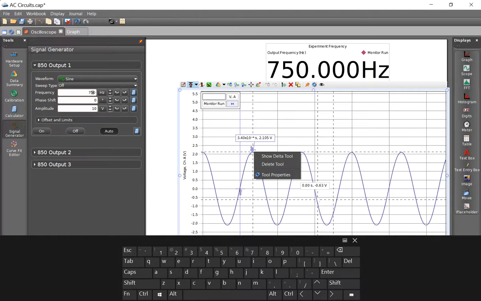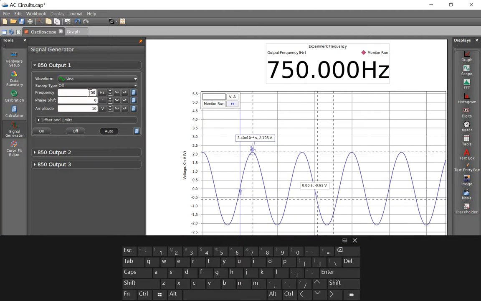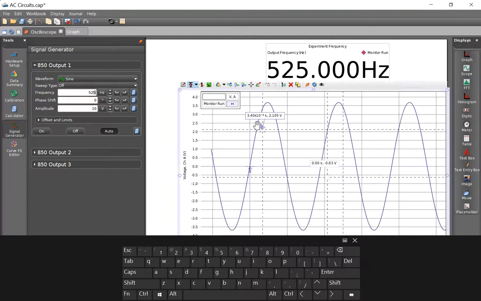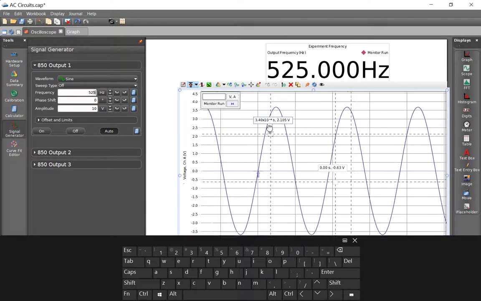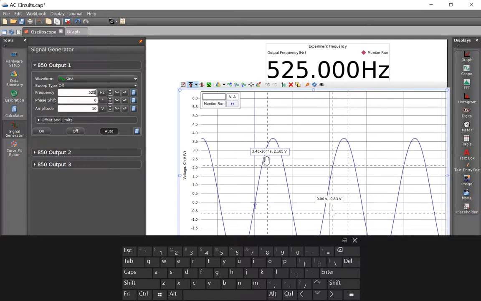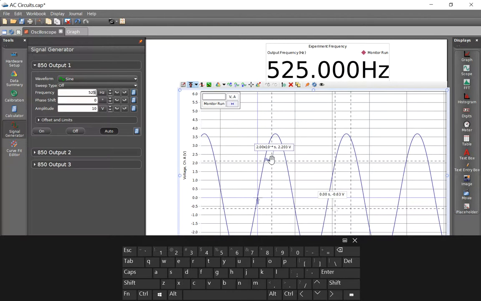I'm going to try to get a little more detailed data at 500 to see if we can find better where the peak is. So let's try 525. Okay, so 525, it's 3.664.